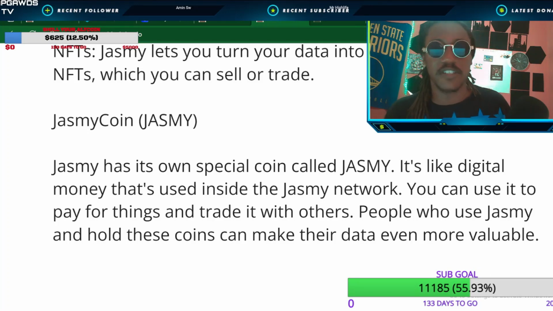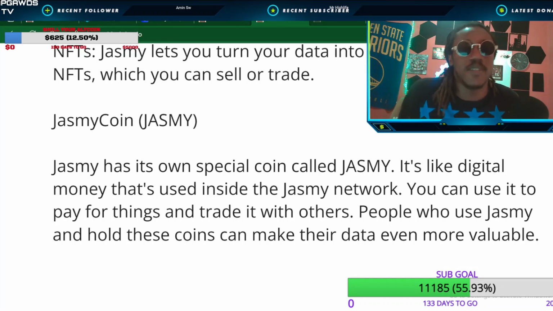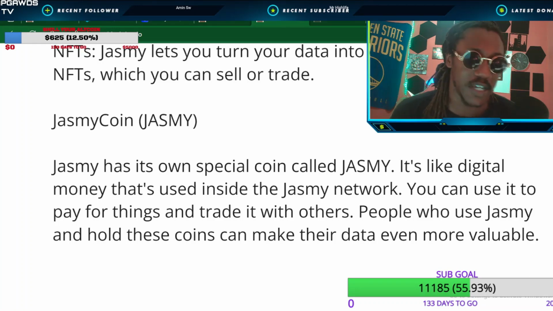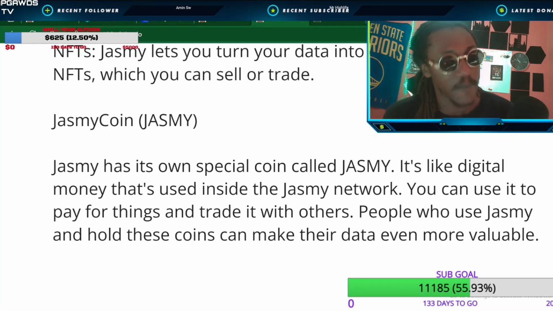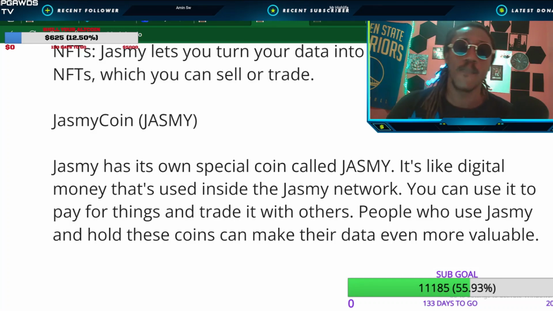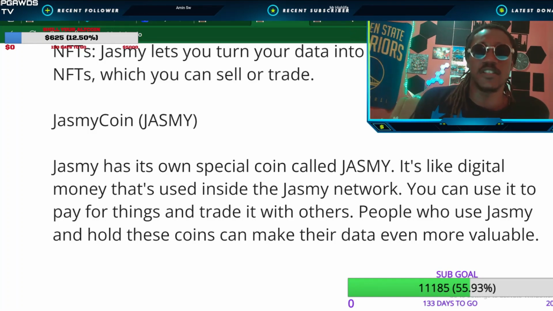Your smart device, your smartphones need data. And now people are getting smart and they understand, I need to protect my data. So this is what makes Jasmy so unique, right? Because we get an opportunity to use the ecosystem to monetize our data, secure our data, and also protect our data. But again, you can't utilize the ecosystem without having Jasmy Coin, which gives it its utility, of course.